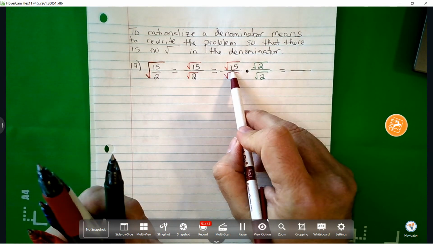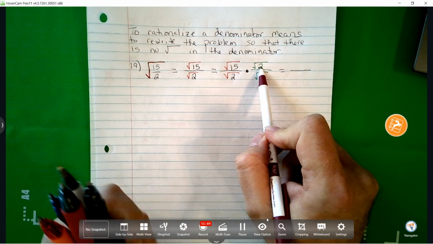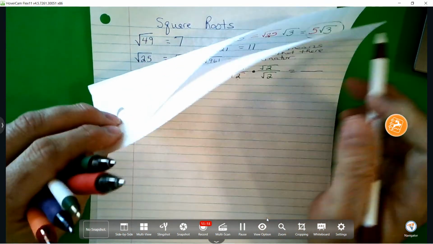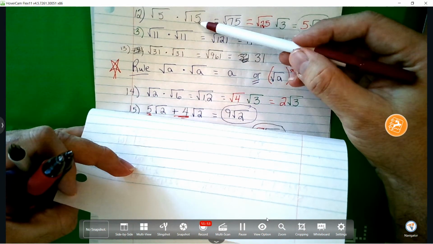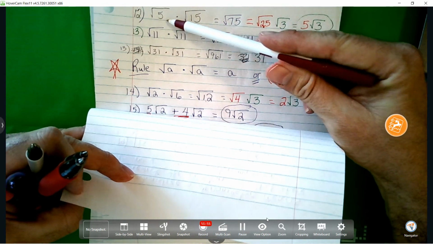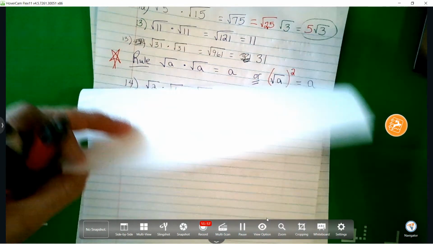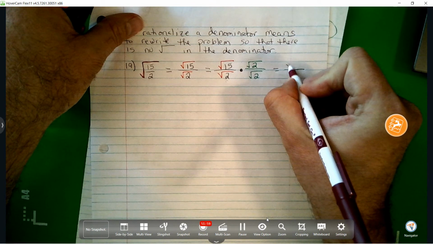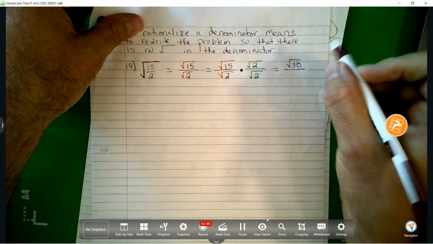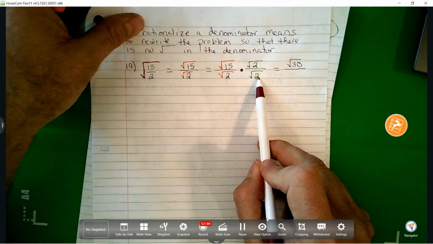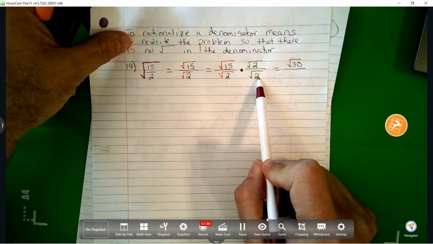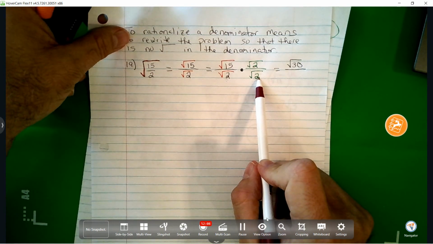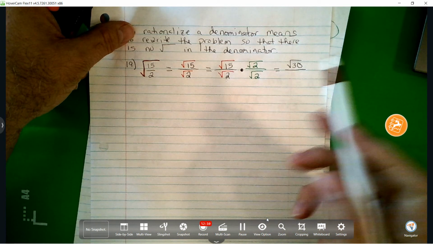On top, square root of 15 times square root of 2. That was the sort of stuff we were doing right out here. To multiply 2 square roots, just multiply what's underneath there. So that would be a square root of 30 on top. Square root of 2 times the square root of 2. Well, I guess you could put an extra step, say square root of 4, which is 2.